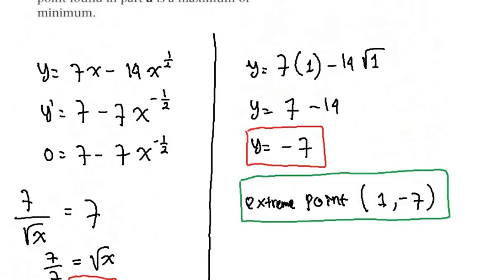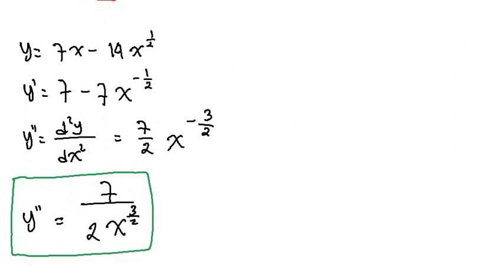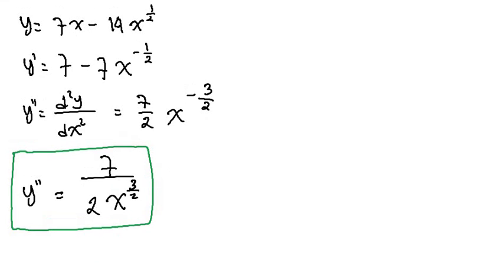And then for question C: hence state and justify whether the point found in part A is maximum or minimum. To find maximum or minimum, if the second derivative is positive, then it is the minimum point.